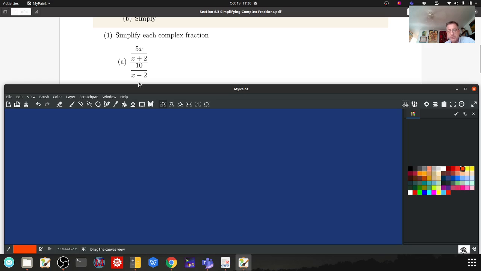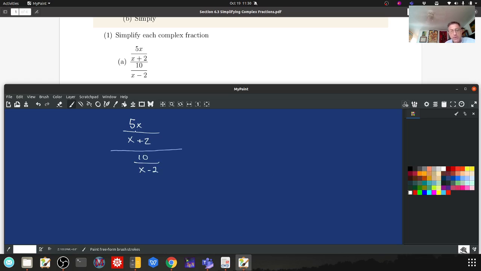Give myself some space. So I have 5x over x plus 2. I'm going to draw the division line a different color, the main division line I should say. And then I have 10 over x minus 2.